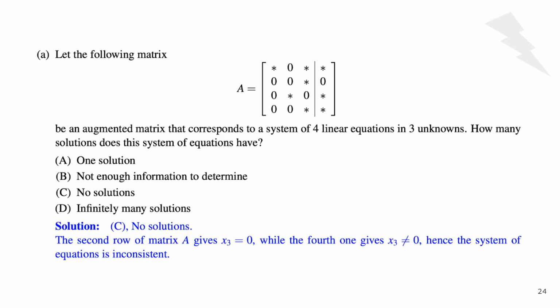So all that means is that our x3, our third variable, is equal to 0 and also equal to some real value, which is essentially a contradiction. So this is no solutions, because the second row of matrix A gives x3 equals 0, while the fourth one gives x3 is not equal to 0. Hence, the system of equations is inconsistent.